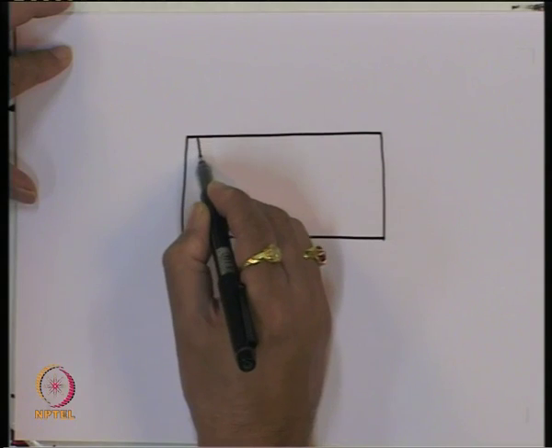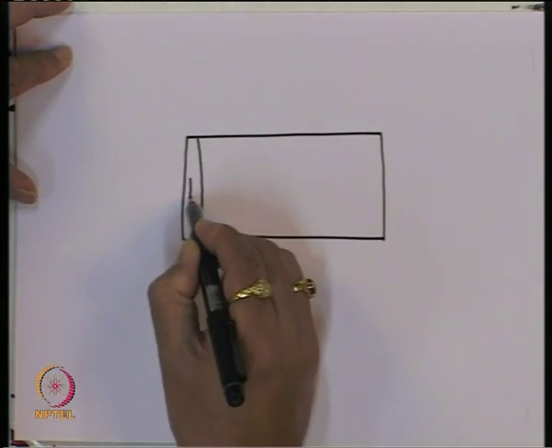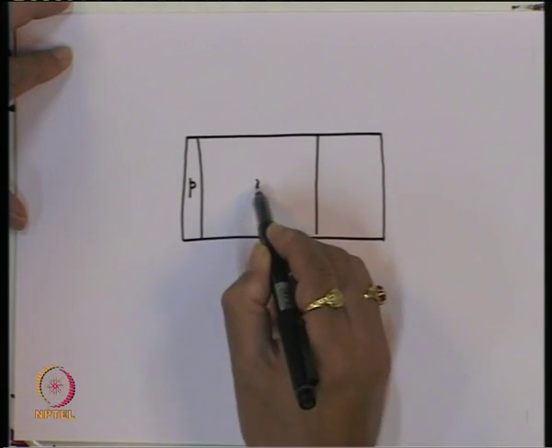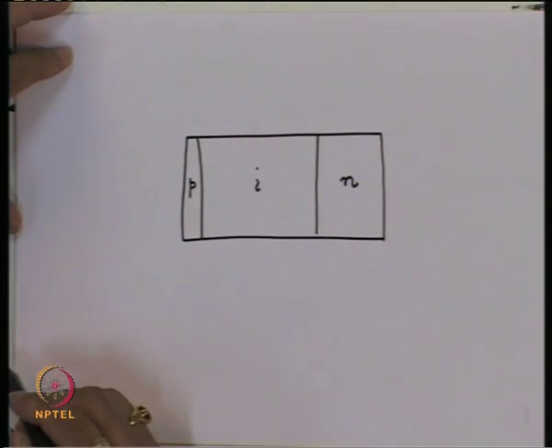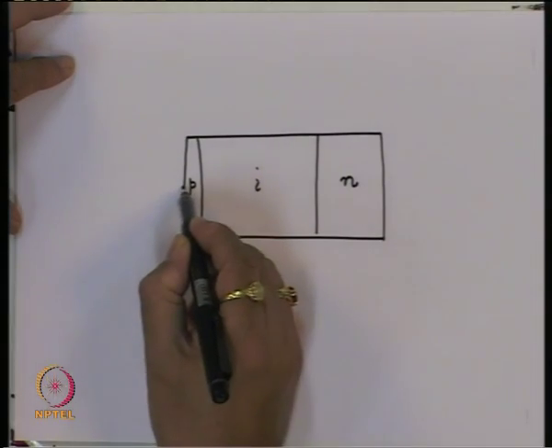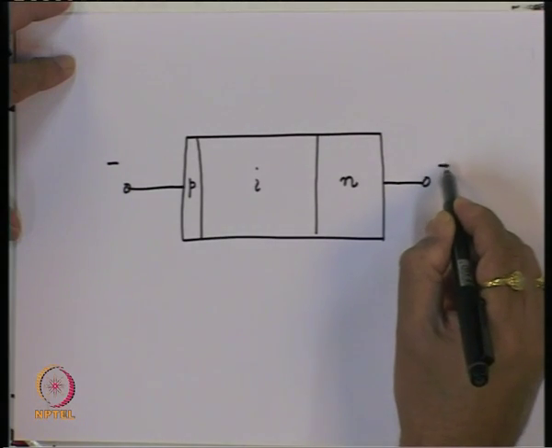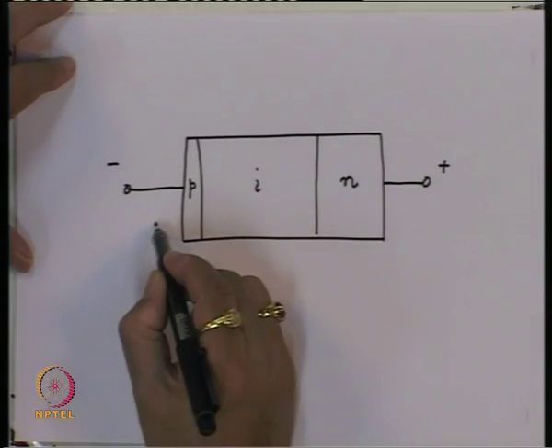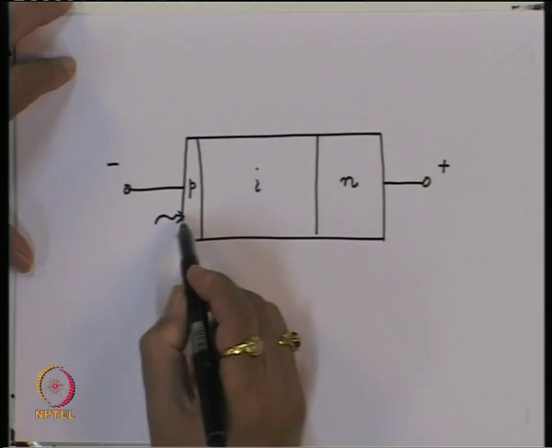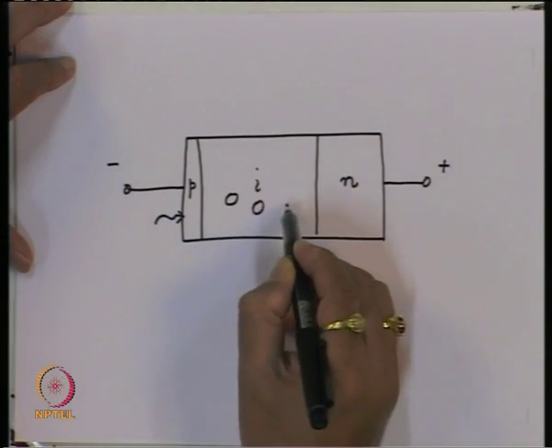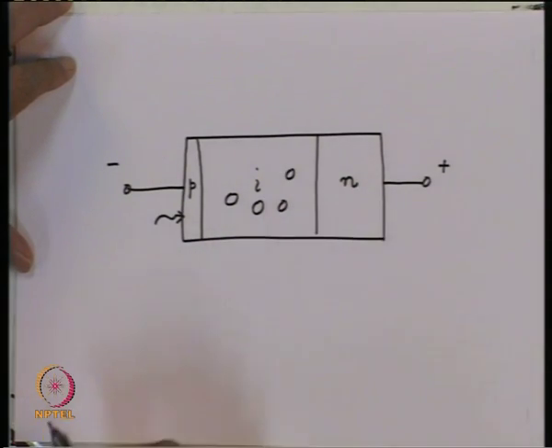This is the P material, which is very small. Then you have the intrinsic region I, and then we have N, and this device is reverse biased. So, you apply negative voltage here, you apply positive voltage here, and when the photon is incident on this, very quickly it crosses this layer, and most of the electron hole pairs are going to get generated inside this region.